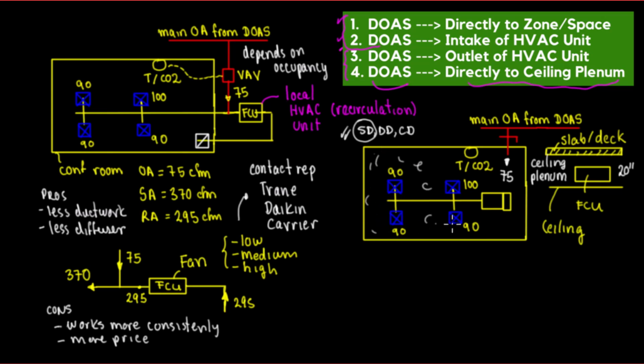All the air with outside air would be giving this 75 CFM. And since this fan, I'm gonna put this in blue, so see, in white. Since this fan is working as recirculation, my recirculation was 370. Let's see, so 370 CFM.